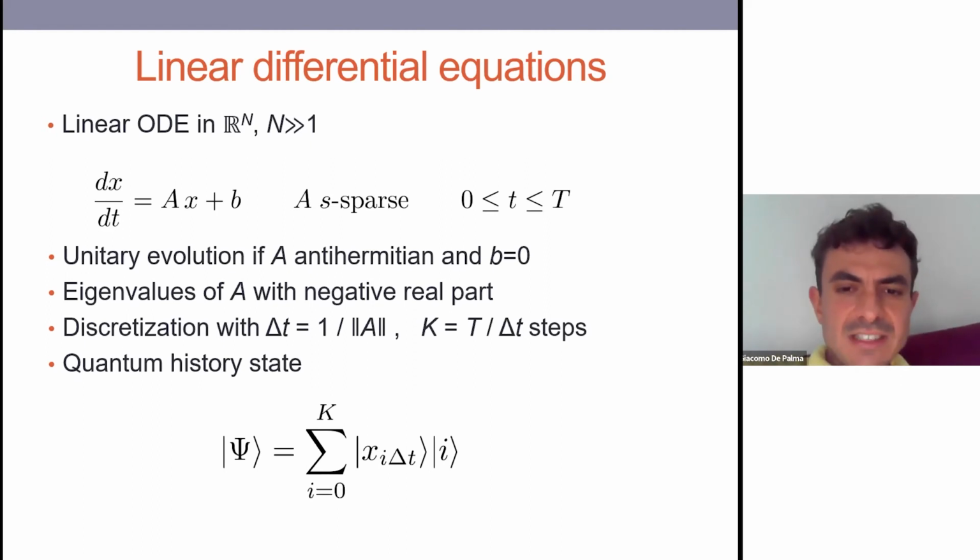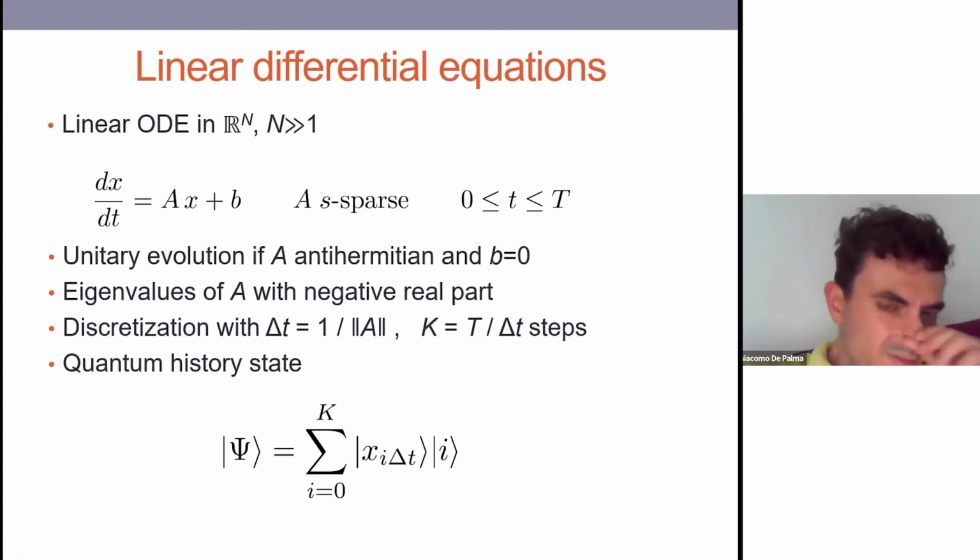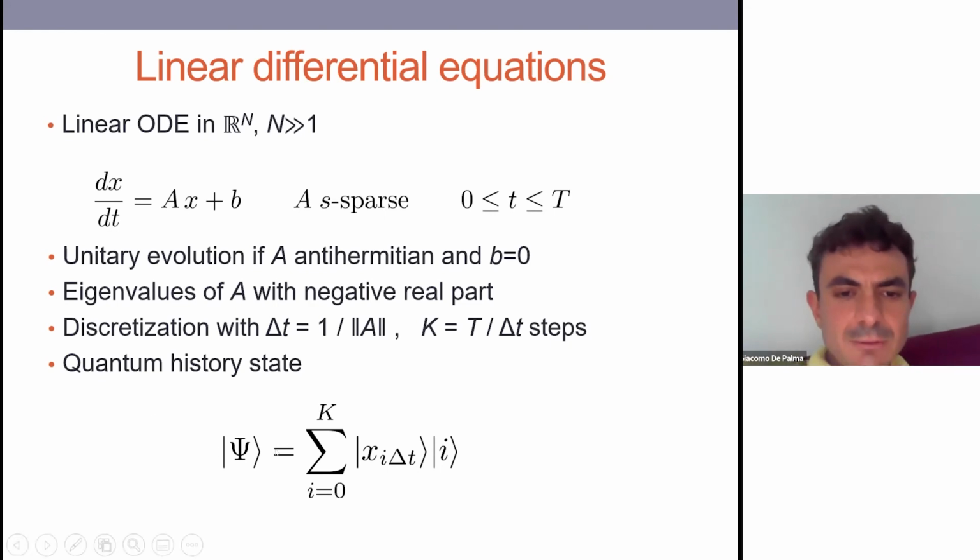And the second register encodes the time, so the number of the step. I write the quantum history state in this way; the state is not necessarily normalized. It's a sum from 0 to K of the solution at the i-th time step, tensored with a register in |i>.